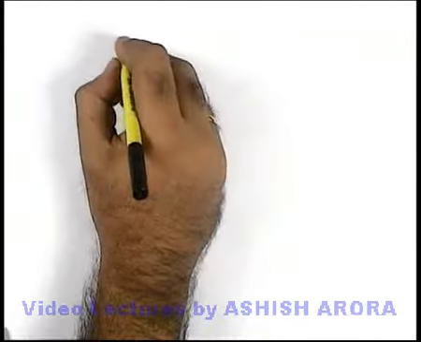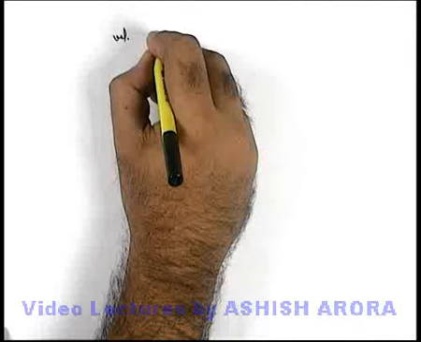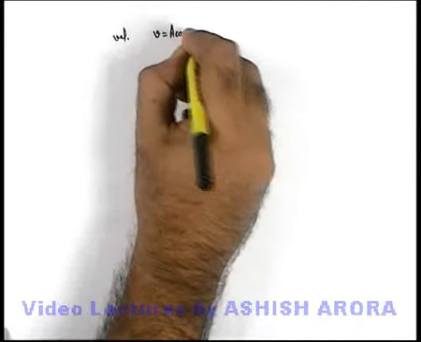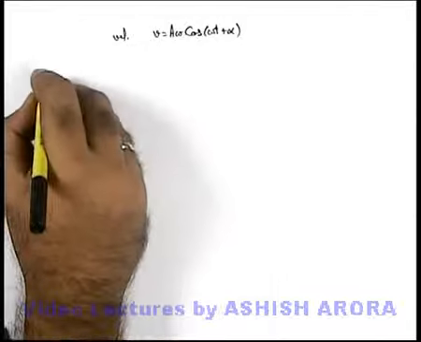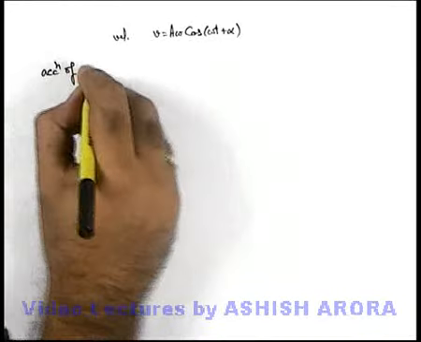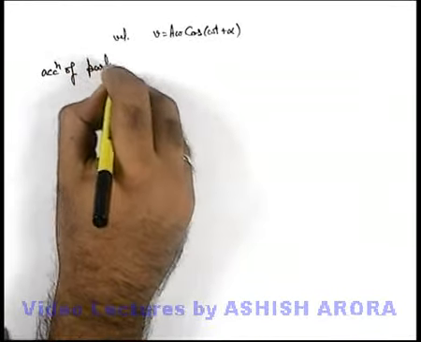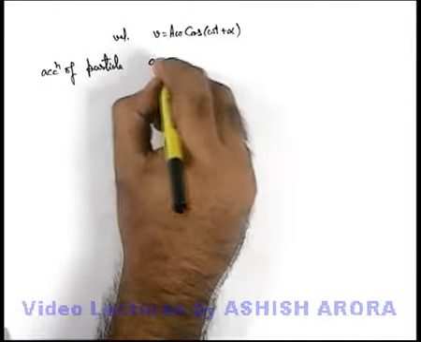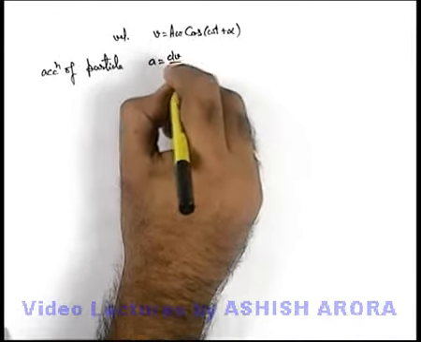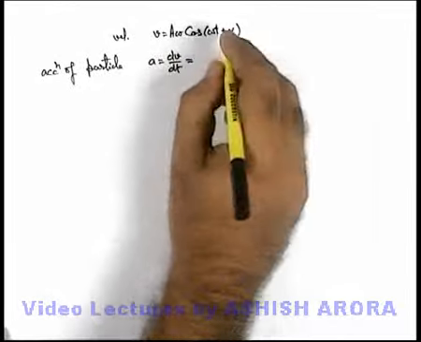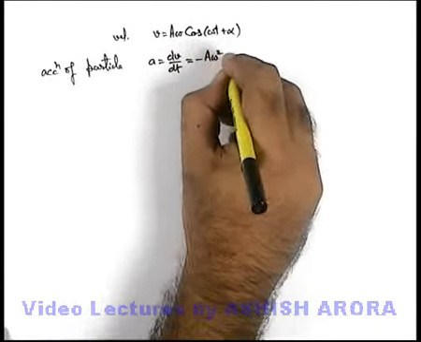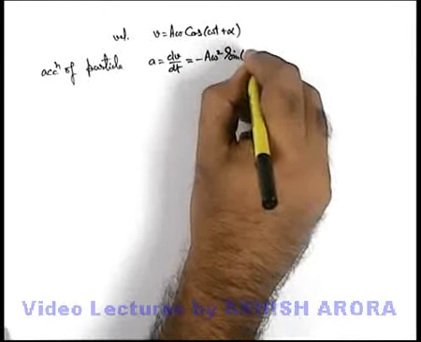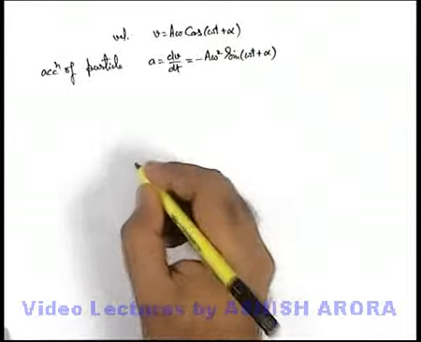As we have just discussed, the velocity of a particle in SHM is given as a omega cos(omega t plus alpha). We can calculate the acceleration of the particle simply by differentiating the velocity, as dv by dt. If we differentiate the term, it will give us minus a omega square sin(omega t plus alpha).